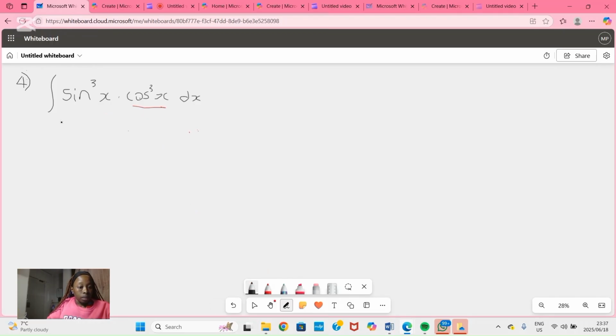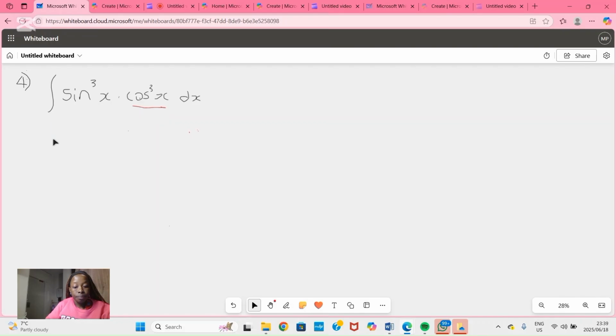We're going to have integral of sine exponent 3x. We have to make it in a simpler form.